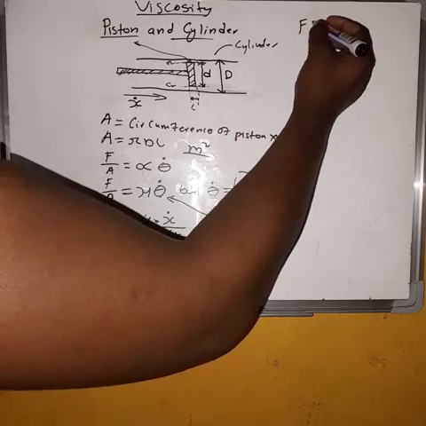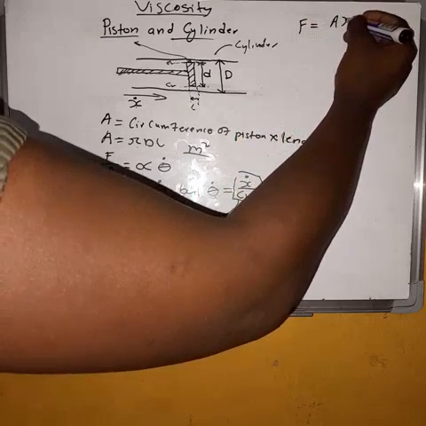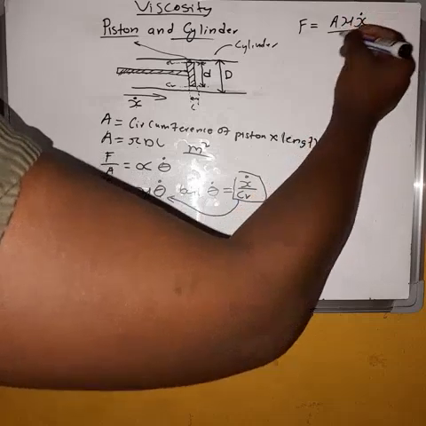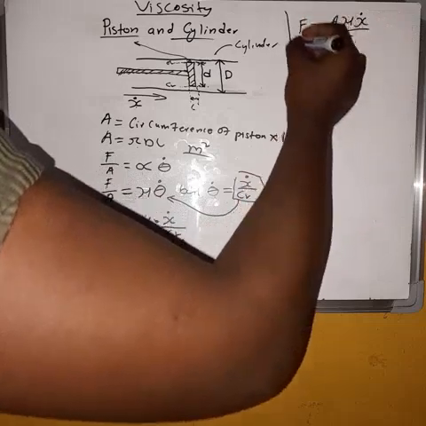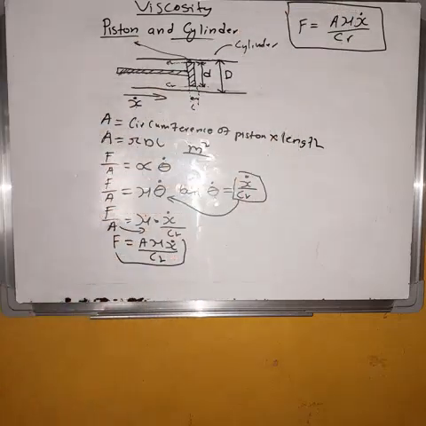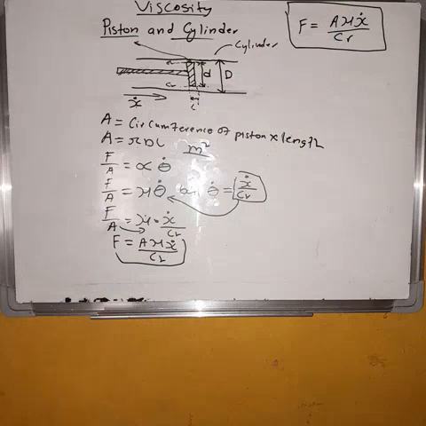Force is equal to area multiplied by the viscosity multiplied by velocity over clearance. The rest is unnecessary; what is important for you is this formula.